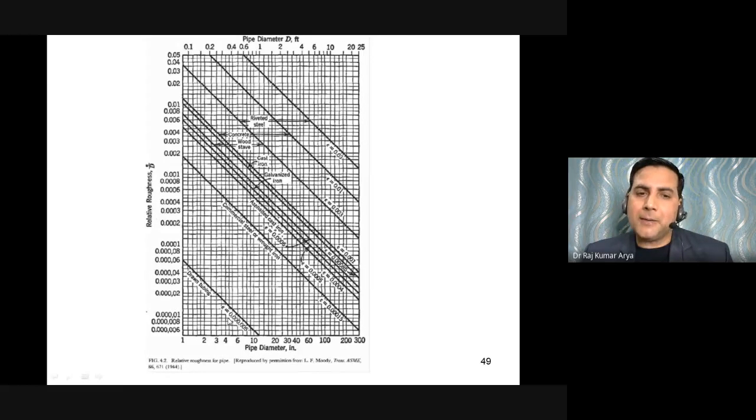So you have drawn tube, commercial steel, wrought iron, asphalted cast iron, galvanized iron, cast iron, concrete, wood board, and riveted steel, which I was telling you about, made from metal sheet by putting in rivets.